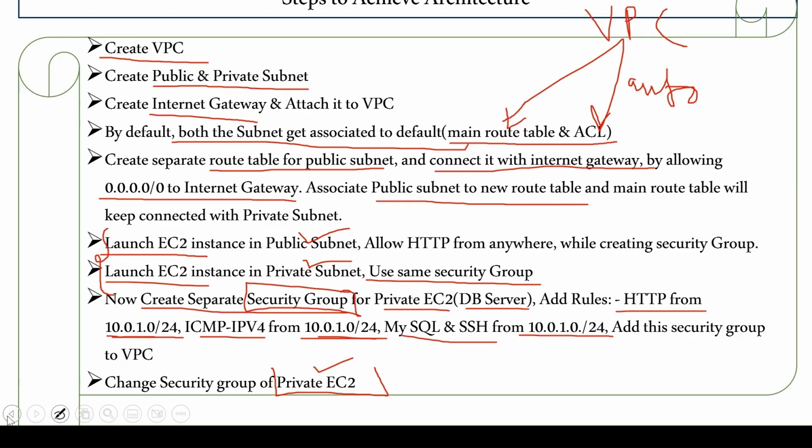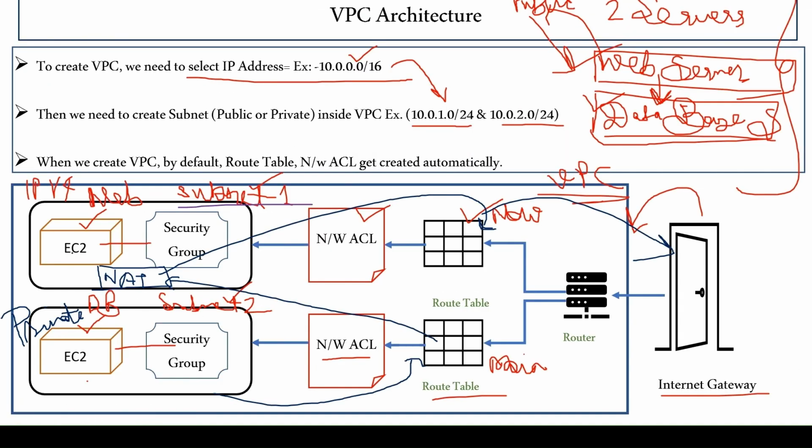So here in this diagram, we have created two subnets. We have created two route tables. One is the main route table which is connected with the private subnet, and the other route table is connected with the public subnet. Then we have created an EC2 instance and two different security groups. This security group allows traffic from only this web server.